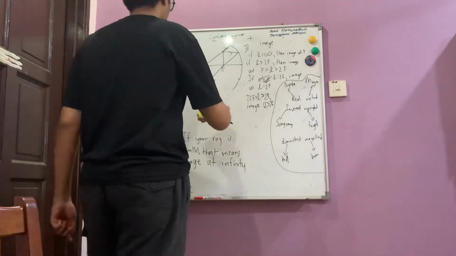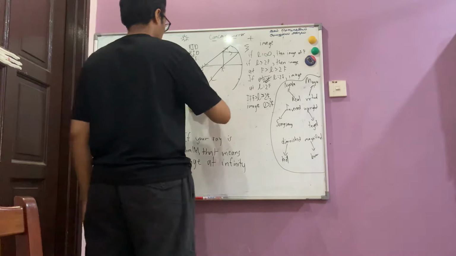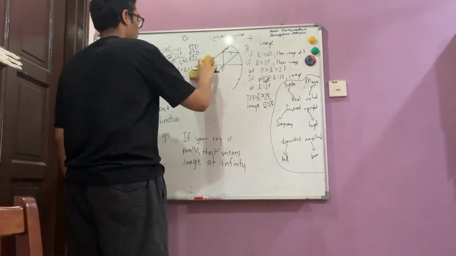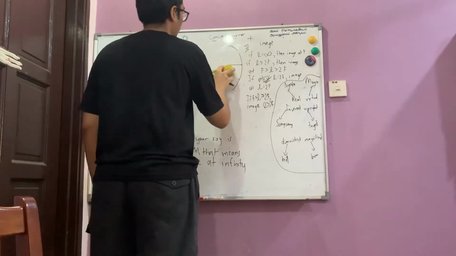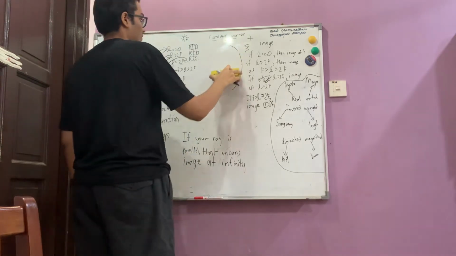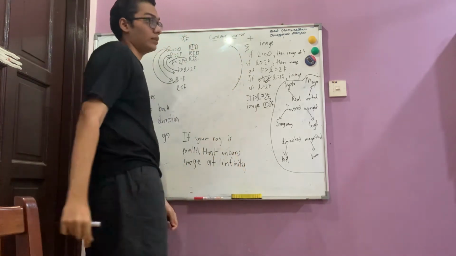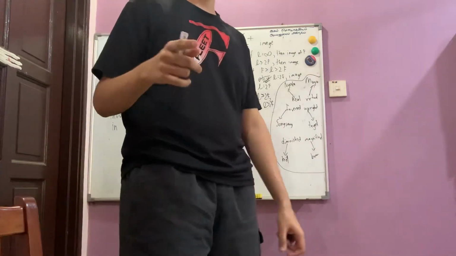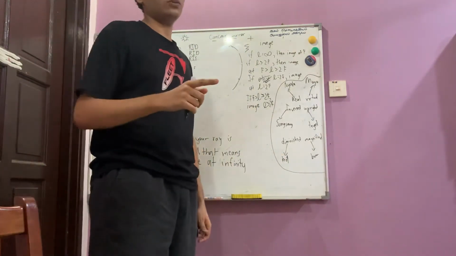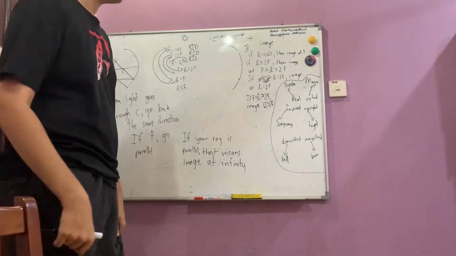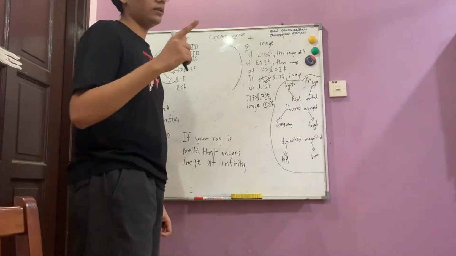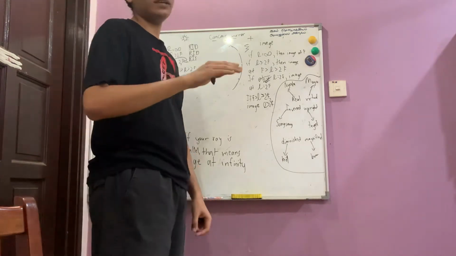And after that, yes, this one, image below F. Image below F. But for convex lens, I'm only going to show one contour, because convex lens nothing much. It's only one result that will come out. Nothing else will come out.